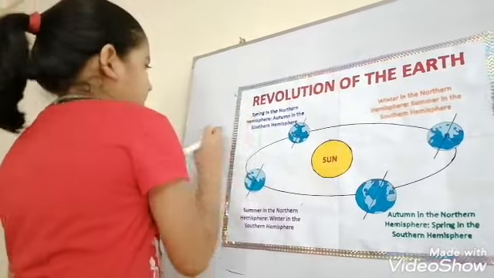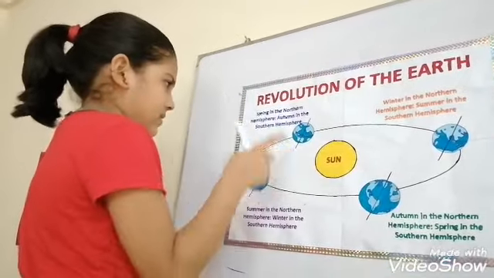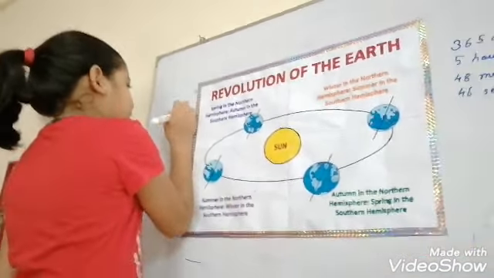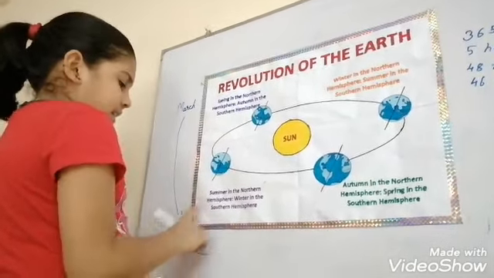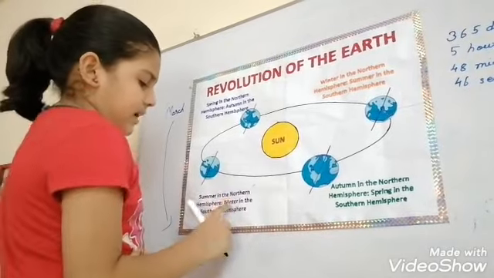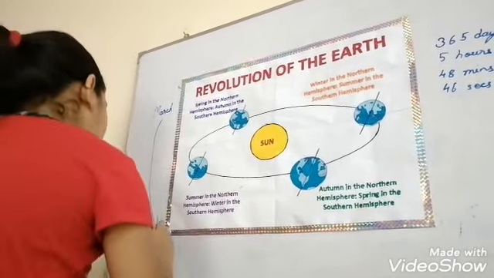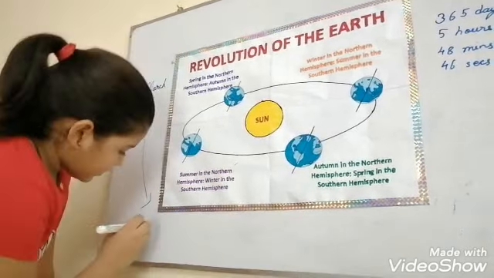Okay, see. When it is spring in the northern hemisphere and autumn in the southern hemisphere, the month is March. And then it goes down. And when it is summer in the northern hemisphere and winter in the southern hemisphere, the month is June.